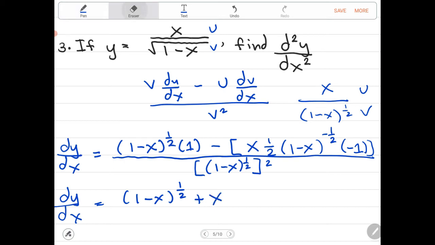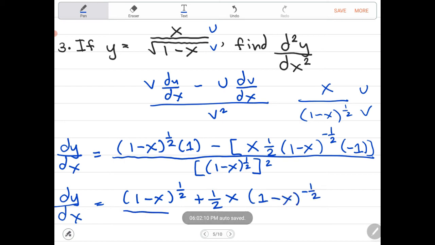Or we can say that is 1/2 x, then 1 minus x raised to negative 1/2 all over the denominator, which is 1 minus x. So wala nang ibang matitira doon except 1 minus x because 1/2 times 2 is 1. So that's why the denominator will become 1 minus x. So let us simplify first the numerator. Let us focus first with the numerator.